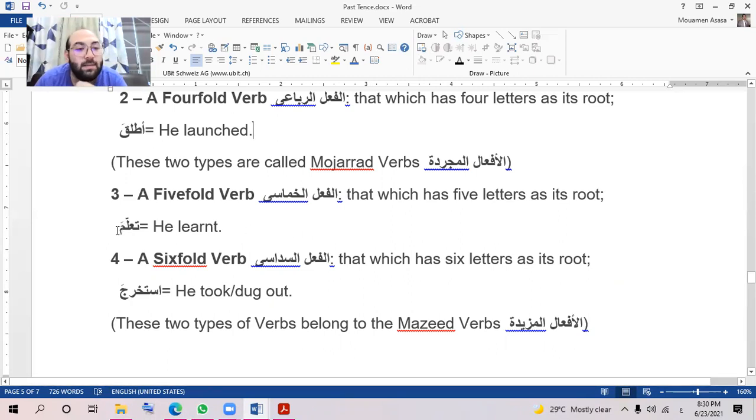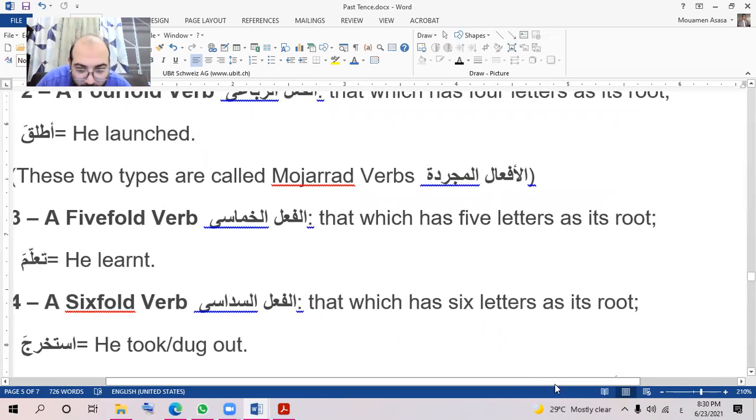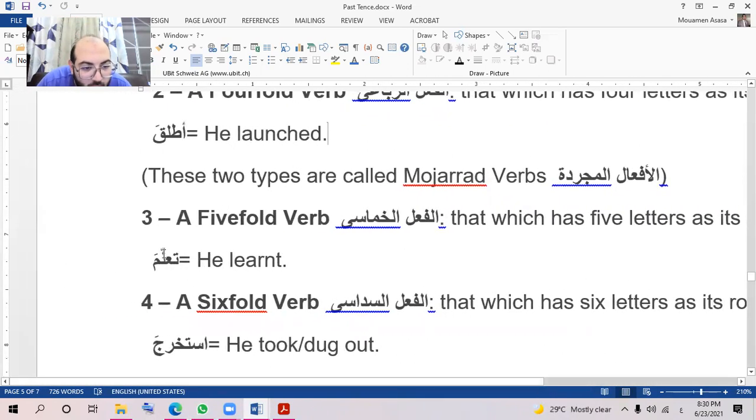Okay, he learned, ta'allama. Some of you will say, Ustaz, this is 4 letters. I say, no, this has a shadda. Shadda means this is dual, so dual letters. So we have ta, 1 letter, ain, 1 letter, lam, 1 letter, lam, another lam, the 4th letter, and mim, the 5th letter. So we call it ta'allama.